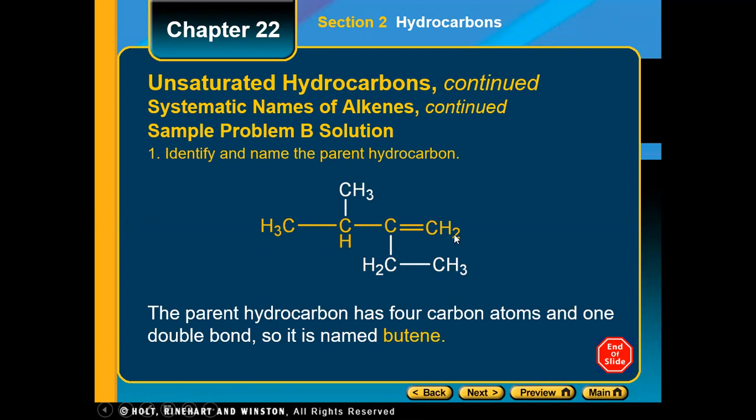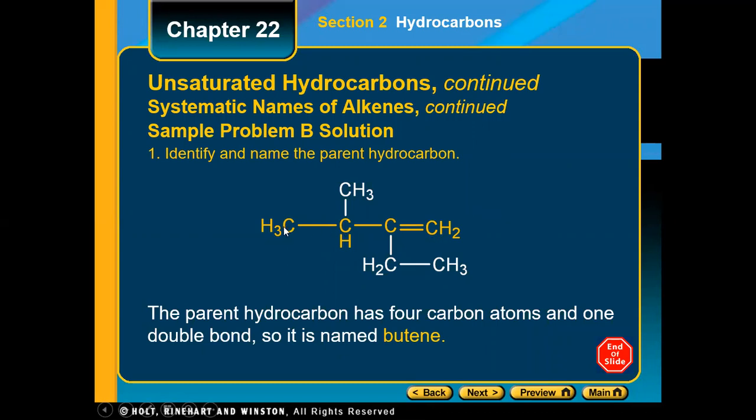So why not continue straight? And if we do so, we will find that we have 4 carbons here and a double bond. So because it's 4 carbons, it's a but- compound, and because you have a double bond, the ending is -ene, so you have a butene here. You know that at least.